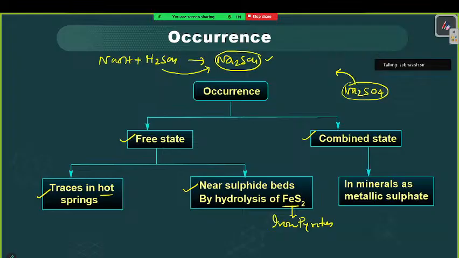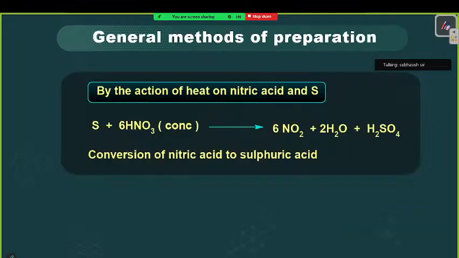Now, there are different methods for the preparation of sulfuric acid, in the laboratory or even in industry. Here we discuss some of the general methods of preparation of sulfuric acid.